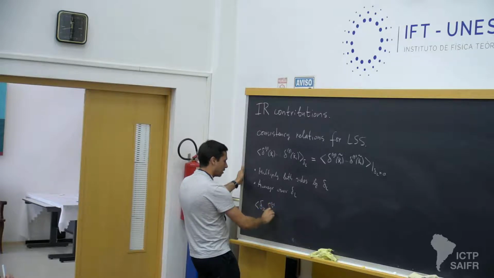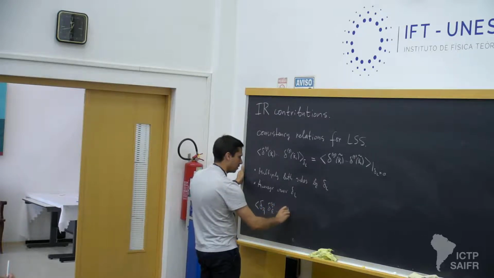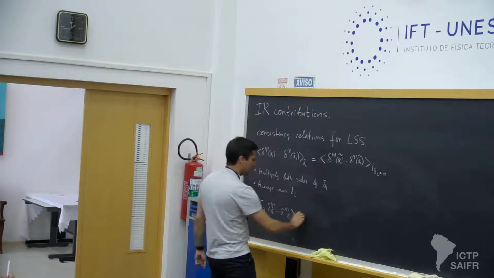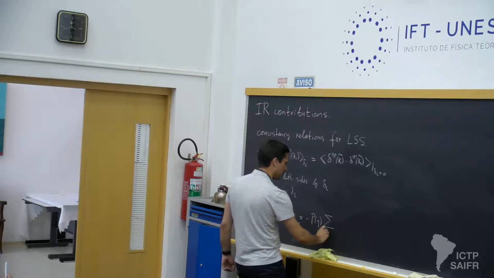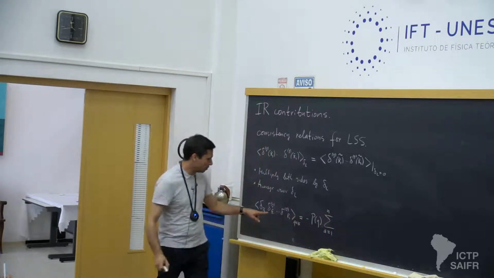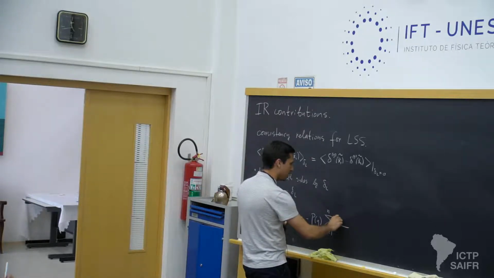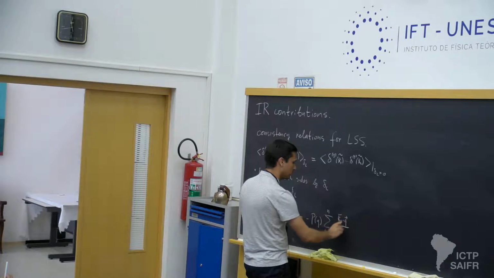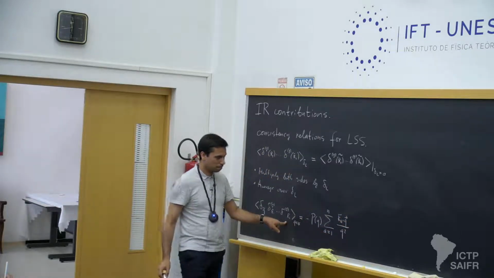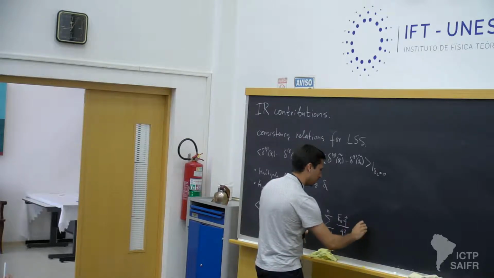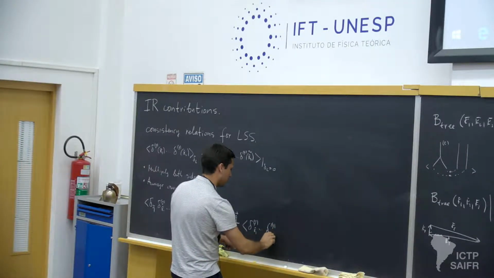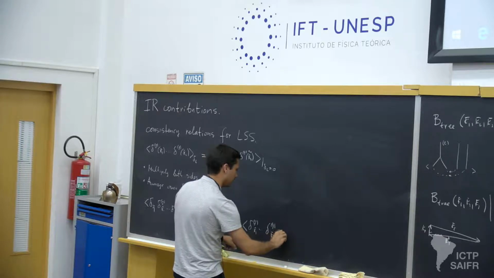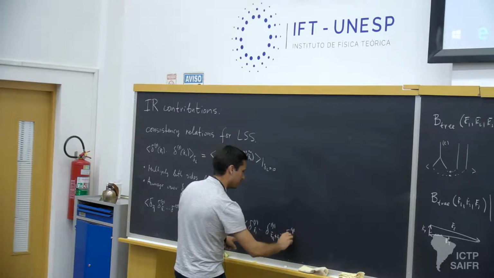Delta galaxy K1, ..., delta galaxy Kn, in the limit when Q is much smaller than K, becomes something like this: minus P of Q, and then there is some sum where A goes from 1 to n, with things like K_A dot Q over Q squared, and then times delta galaxy K1, ..., delta galaxy of K_A plus Q, ..., delta galaxy of Kn.